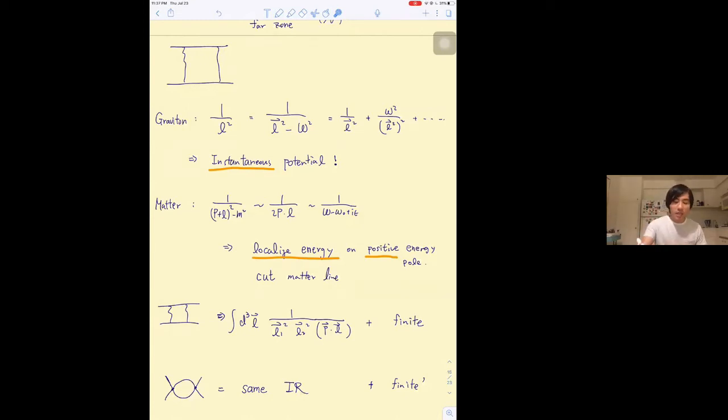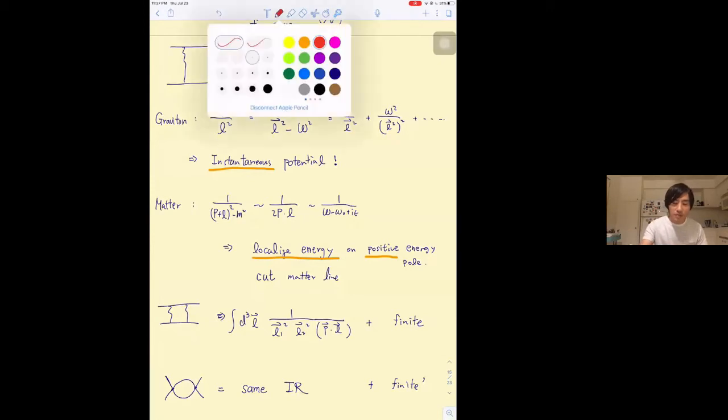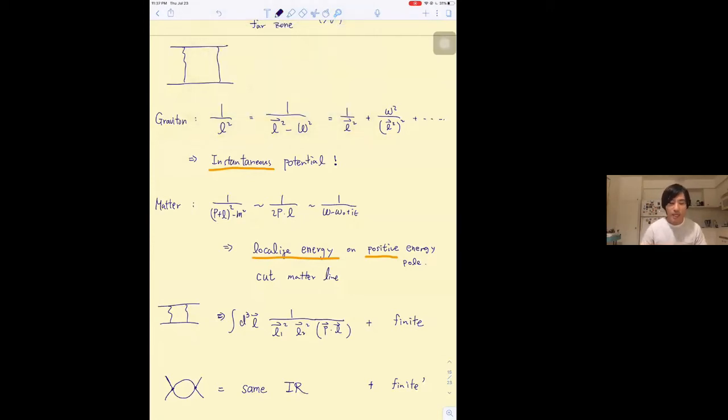That's related to a question earlier, why we can't have a diagram with purely just the Graviton loop. If you only have Graviton propagators, that means when you integrate the energy, you don't have any pole to localize on this energy integration, because these energy poles only come from matter.